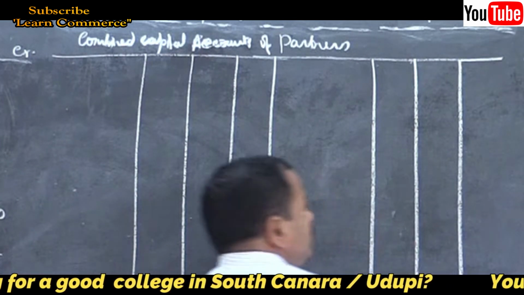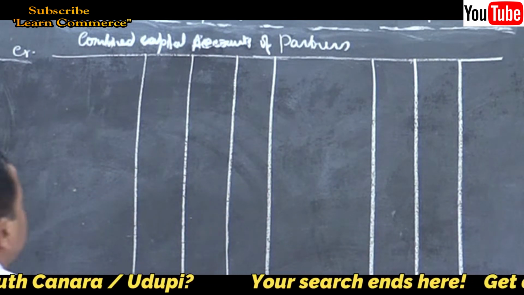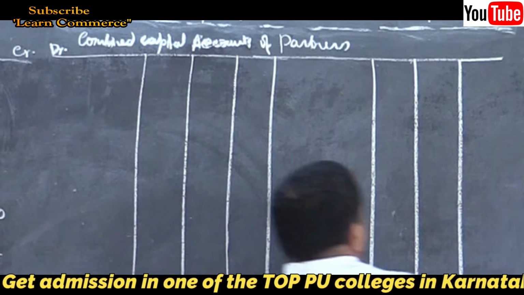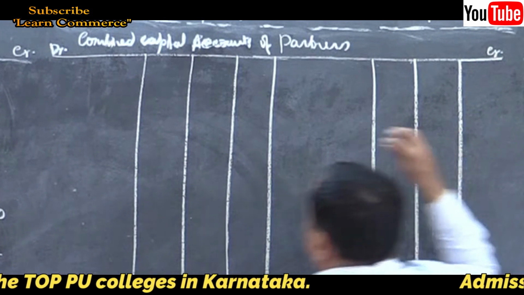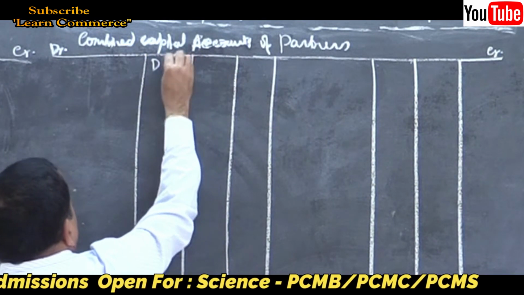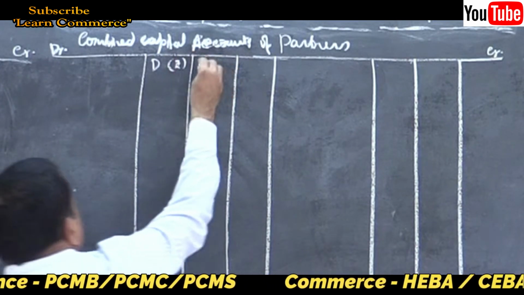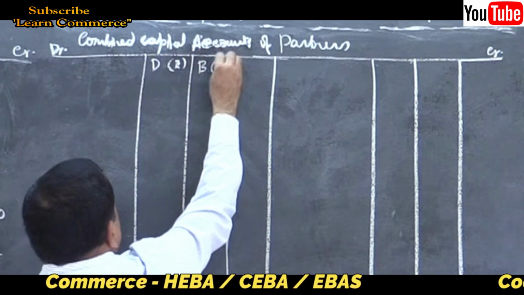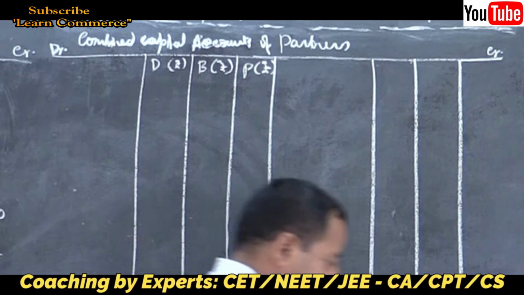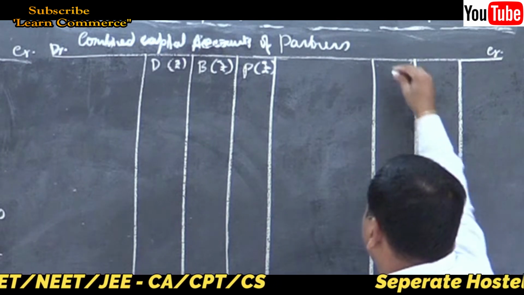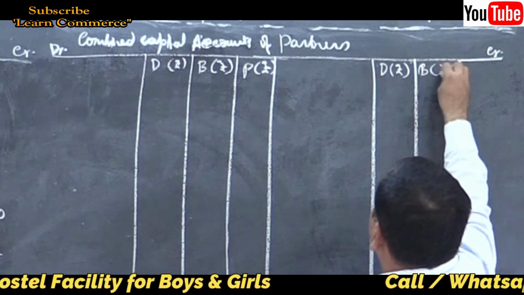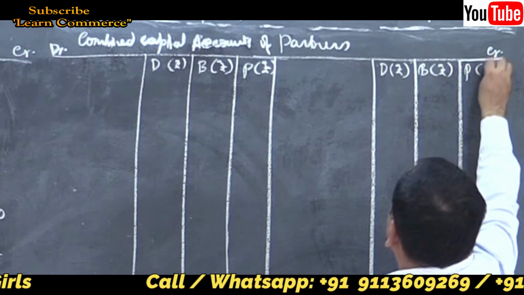All right, in short form write particulars. Debit, credit is a must. Then I will write here particulars: Digvijay, rupees. Brijesh, rupees. Parakram, rupees. Write in full, don't use short forms.